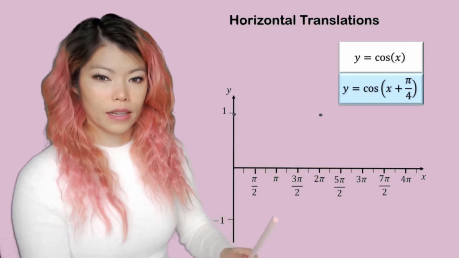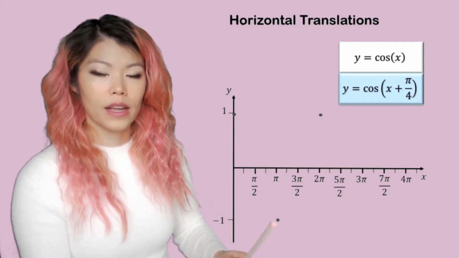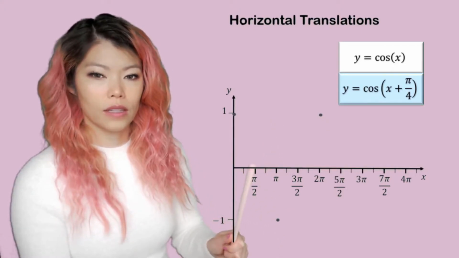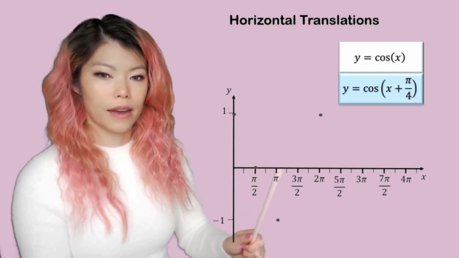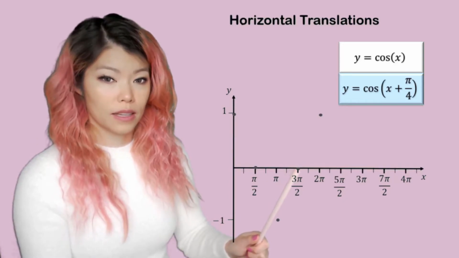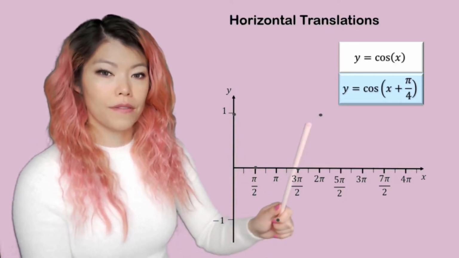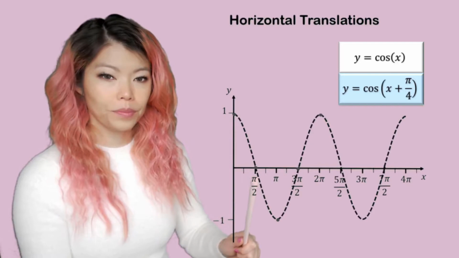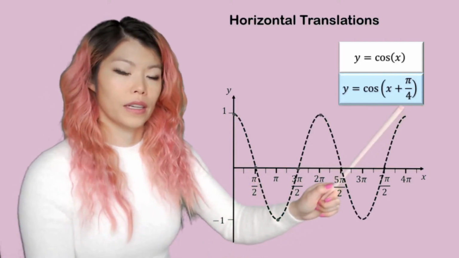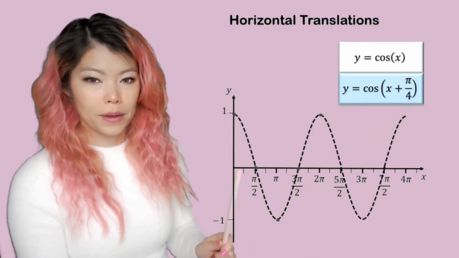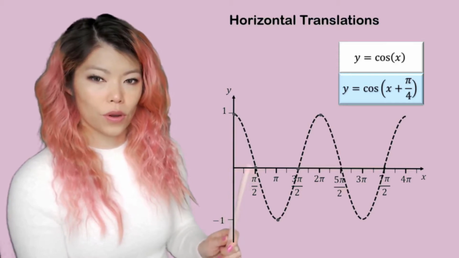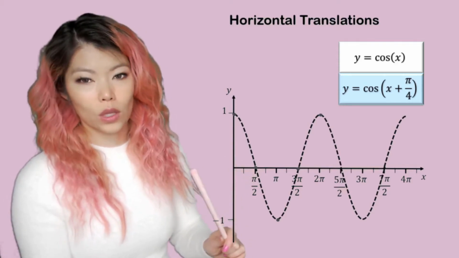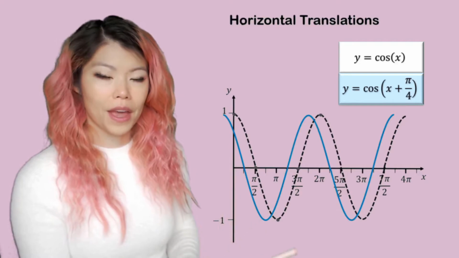Halfway it hits the lowest point, and halfway of these two hits the x-intercept, and at 3 pi on 2 it hits the x-intercept. So that's our original graph. And if we want to shift it pi on 4 to the left, that means a quarter of the period to the left. It will look something like that.